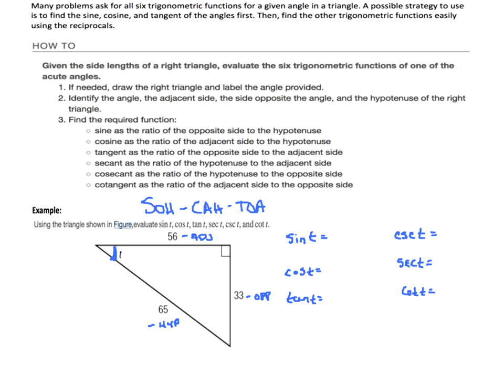So the sine in this case is 33 over 65. Since I already know that cosecant is the reciprocal function of the sine, that means cosecant of t has to be 65 over 33.